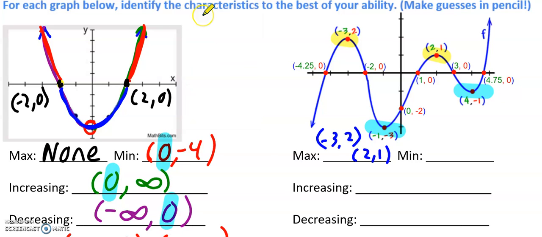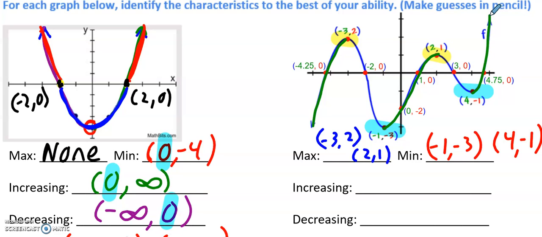Those are at -1, -3, and 4, -1. So where is the function increasing? The function is increasing here, here, and here.